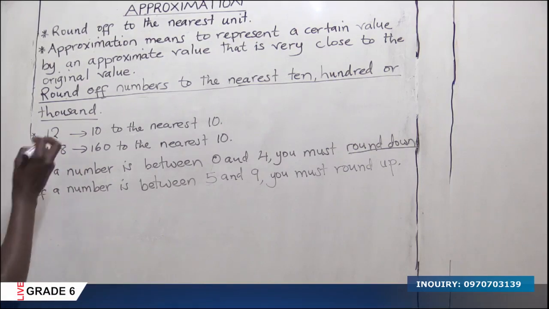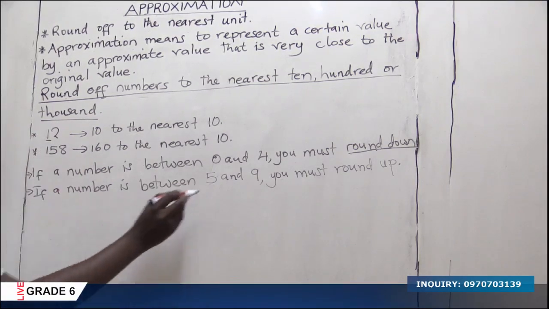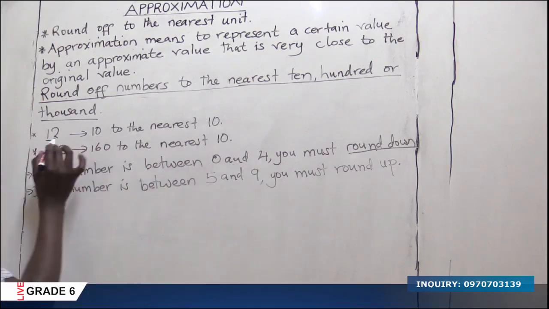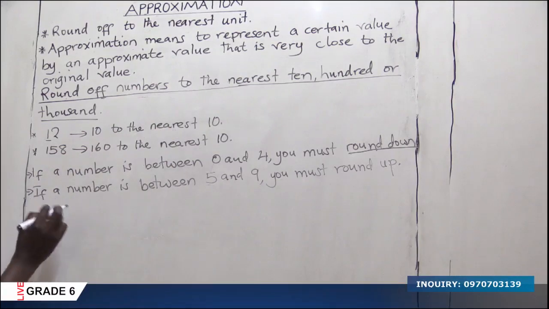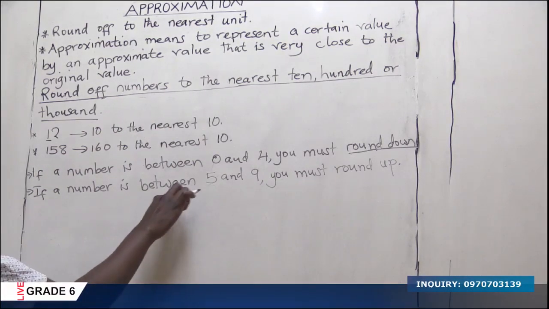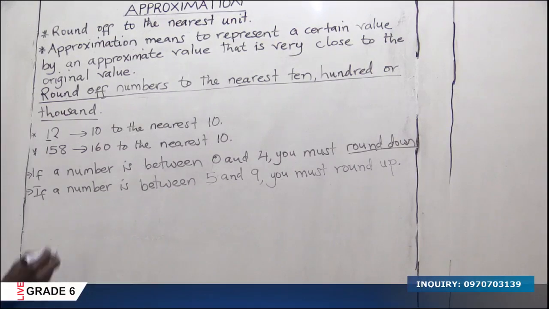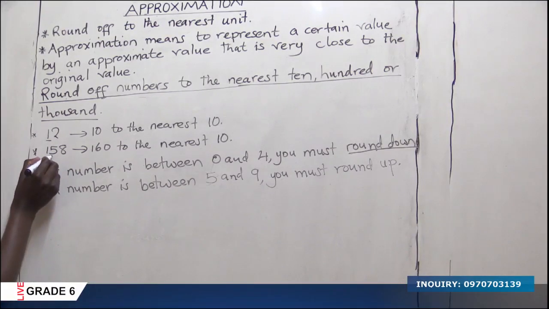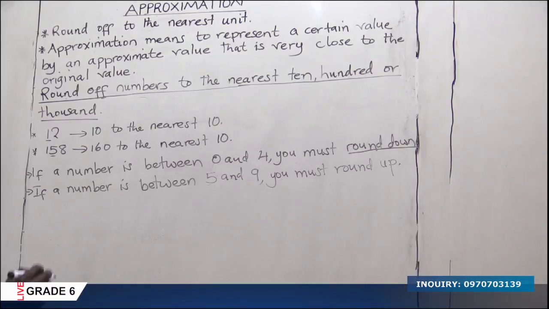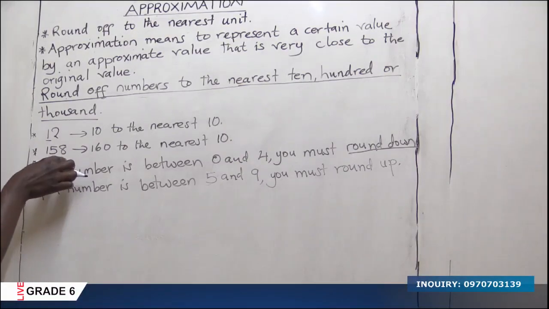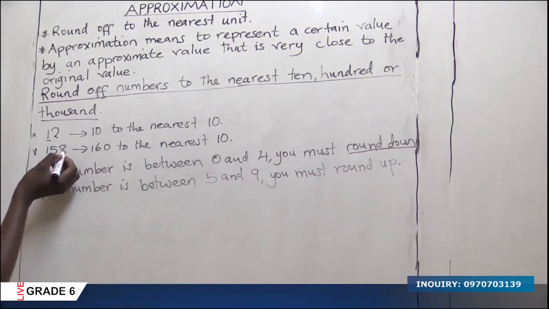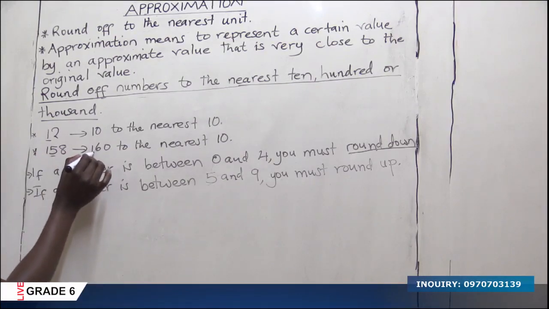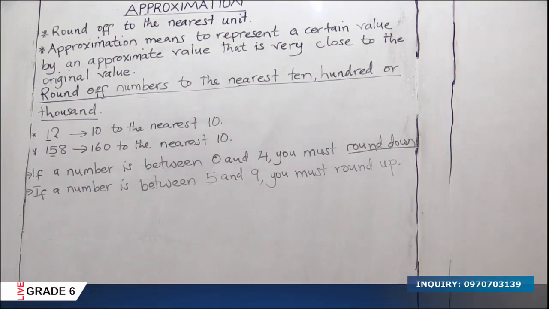Because if you look at the 2 there, this 2 is between 0 and 4. So a number that is between 0 and 4, you round down to the nearest 10. And then if a number is between 5 and 9, you must round up. For example, here we are rounding off 5, and if you check the next number is 8, of which 8 is between 5 and 9. So you round up, meaning that you get 1 from there, put it there, and it becomes 160 to the nearest 10.